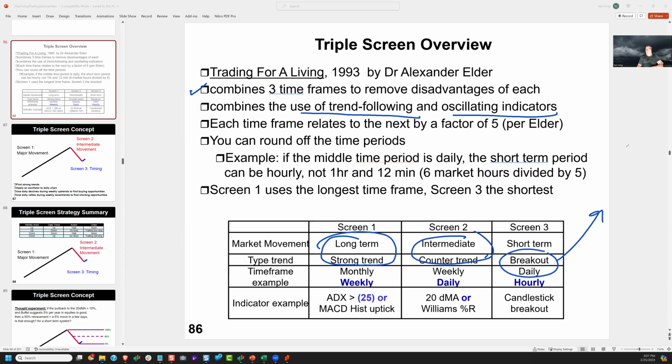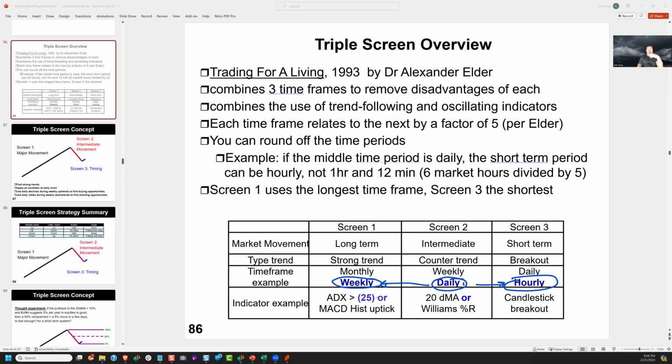So what he suggested was a couple different ways that it could be traded. Like the one I use is I want to primarily trade with daily charts. So on screen 1, I go up to weekly. And then when it comes to breakouts, I go down to hourly. So you have a weekly, daily, hourly.